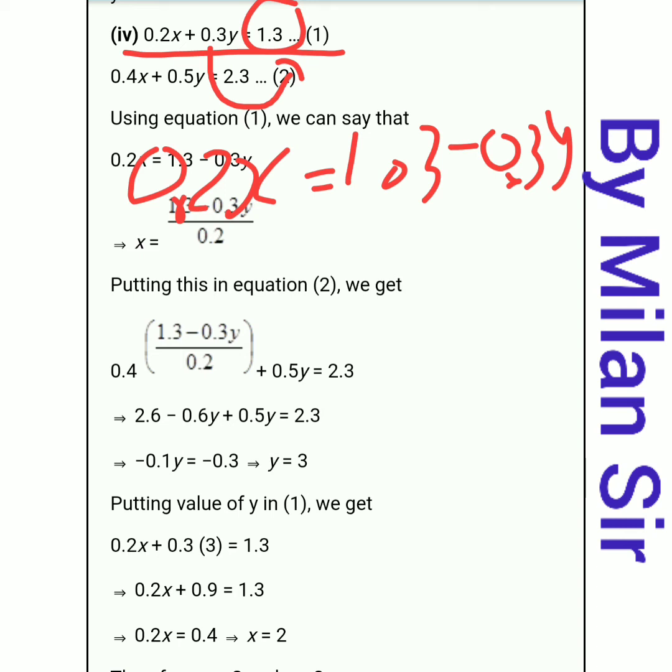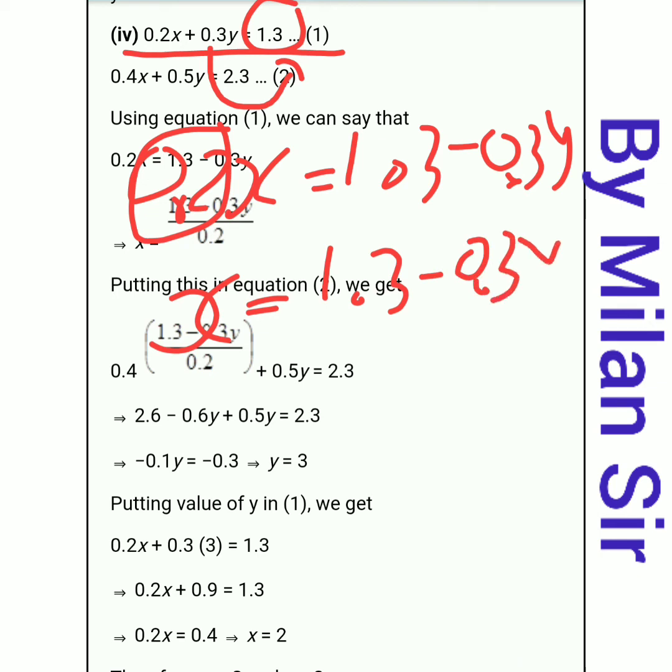Then to find the value of x, you need to transfer 0.2 to the right hand side. Right now it is in multiplication with x. If we transfer it to the right hand side, it goes to the denominator, it goes to division. So here divide by 0.2.